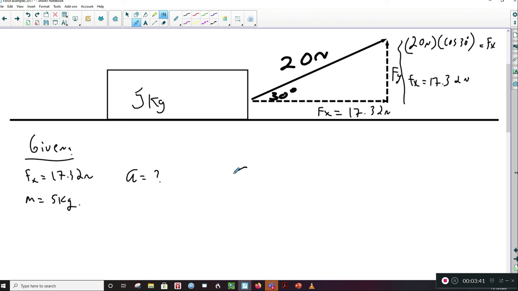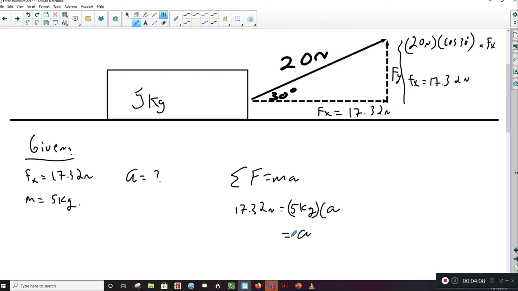So we're just going to do sigma F equals ma. So we have 17.32 newtons is equal to 5 kilograms times A. So A is going to equal 3 and some change. 3.4, I think.